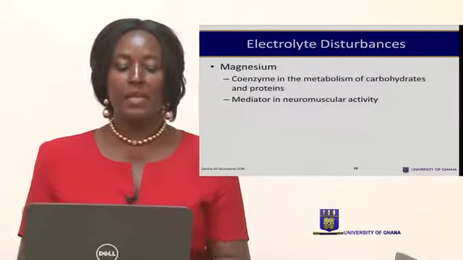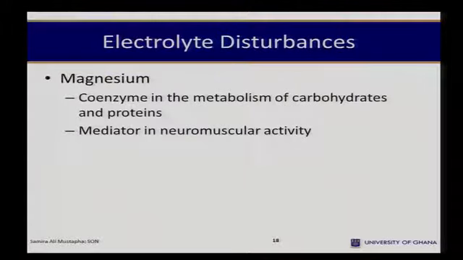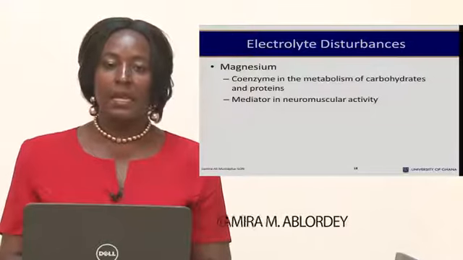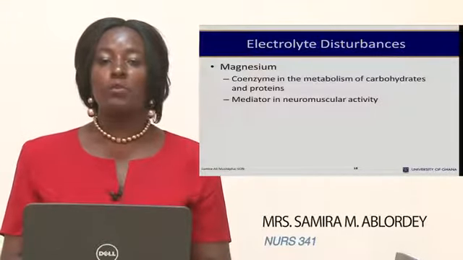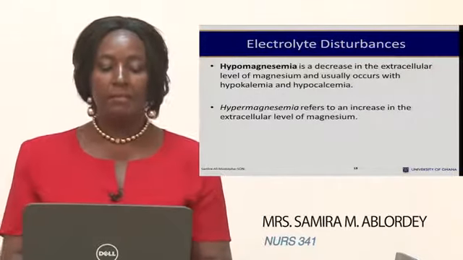So we have magnesium also as one of the electrolytes we are looking at. And we're saying that this is the coenzyme in the metabolism of carbohydrates and proteins, and the mediator and also a neurotransmitter in the central nervous system.